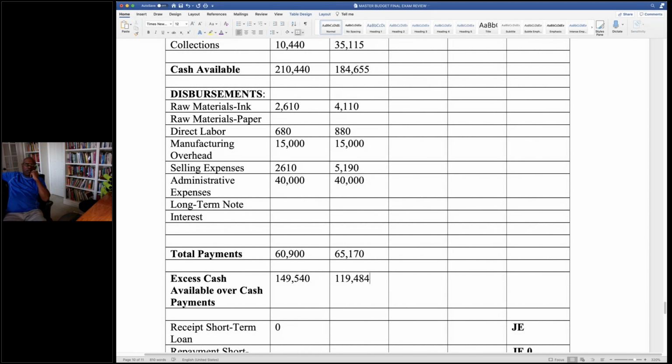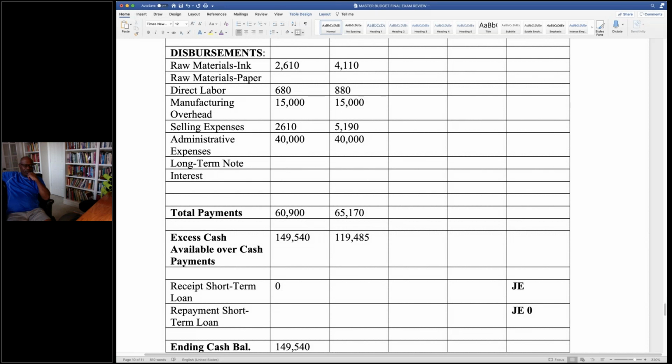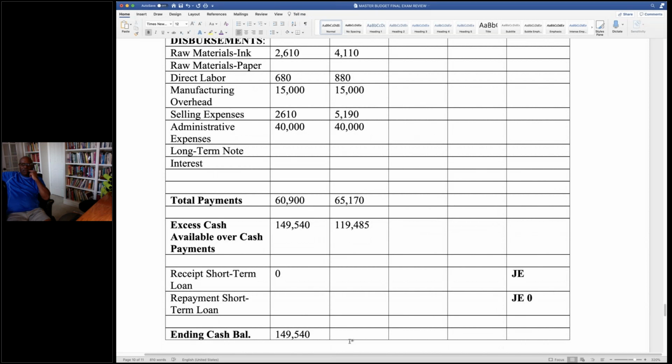How much do you have to borrow? How much does she need to borrow? Hey Jasmine, it's gonna be 65,180 for the total payments.